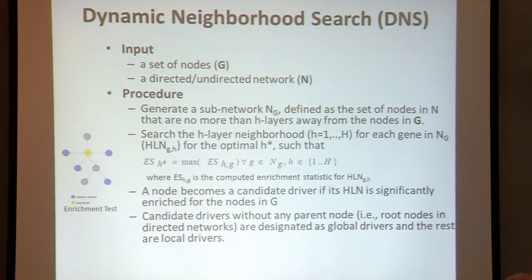But so far we don't have a good idea how to do that, because we don't have a good validation data set to cover so many drivers. For the disease systems, as we just saw in the previous presentation, for every network we have only 1 or 2, at most 10 genes actually locked down, so in no way can we have a gold standard to test.